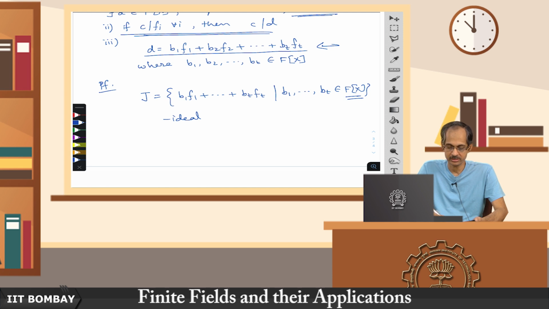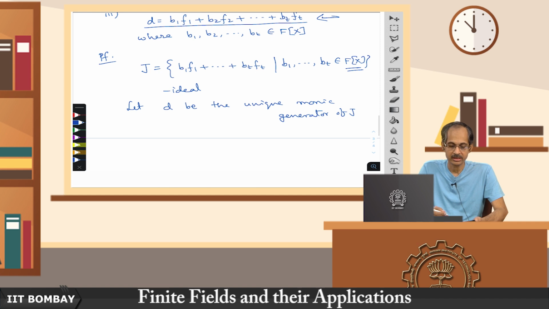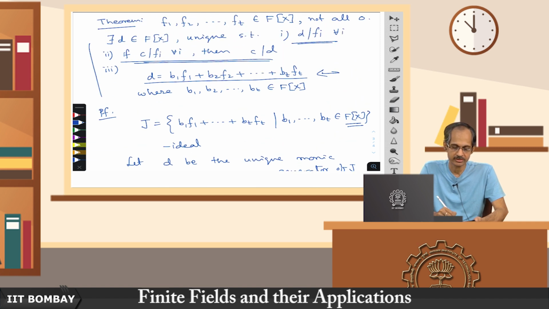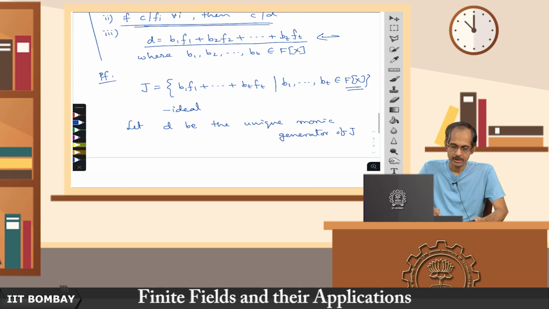So, let d be the unique monic generator of J. The claim is d satisfies all these properties 1, 2, 3.